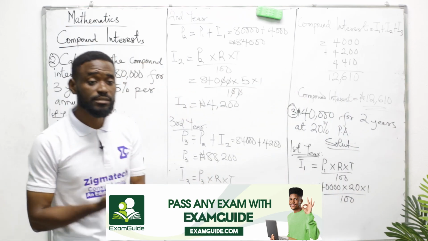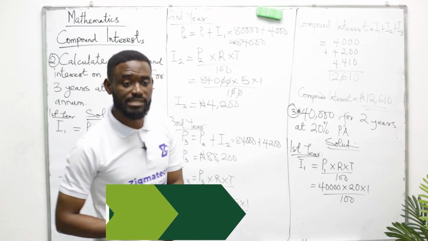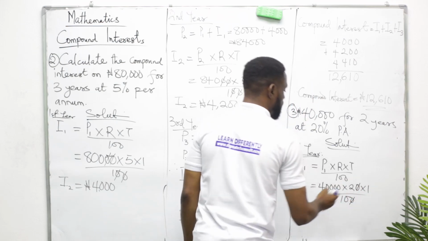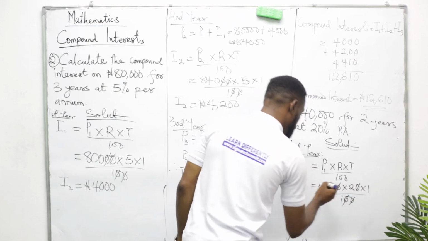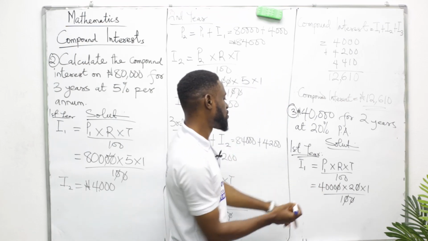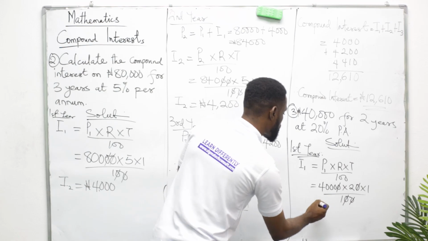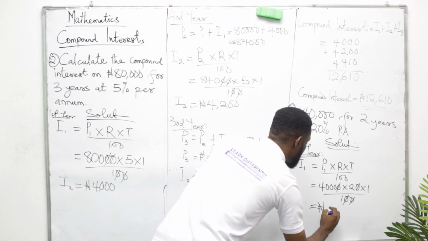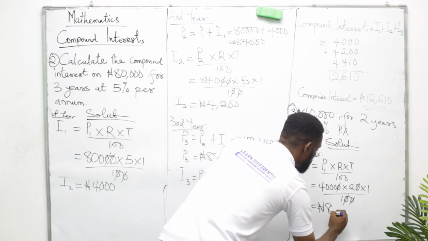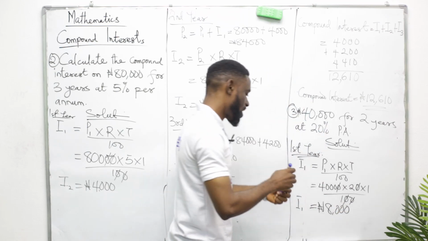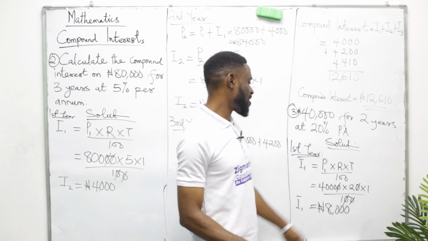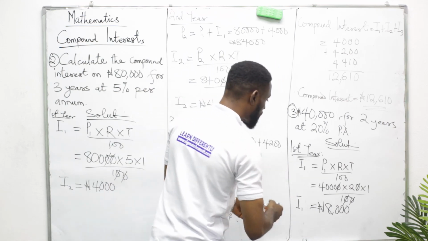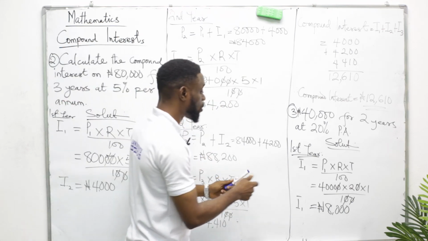Taking out the zeros reduces 40,000 naira to 4,000. So 4,000 times 2 is 8,000. So our interest for the first year is 8,000 naira.